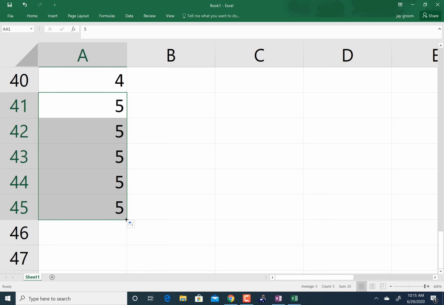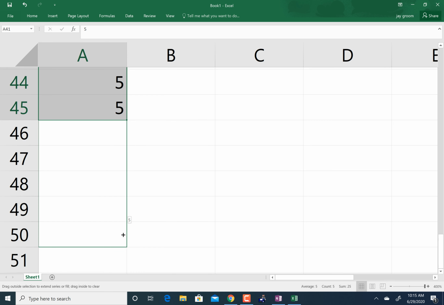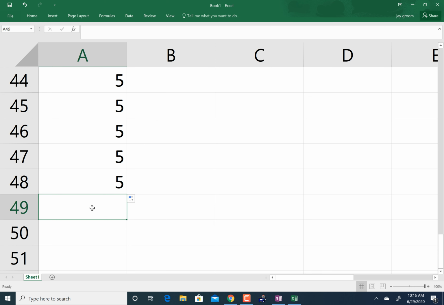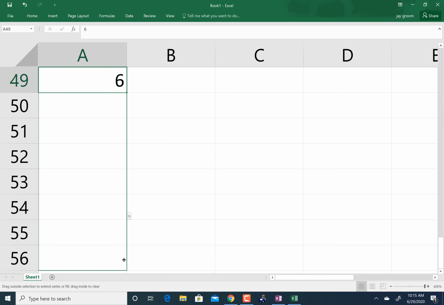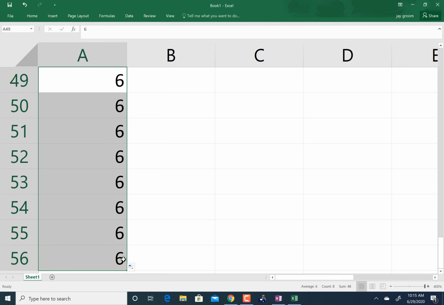What are you doing? 48. 56. I feel like I'm screwing something up, but I guess we'll figure it out here in a second. Oh, it's actually going to be 81. No, that's not right. Did I mess that up? I might have messed it up somewhere. I don't know. Well, we'll find out here in a second.